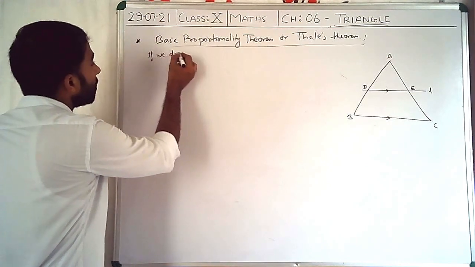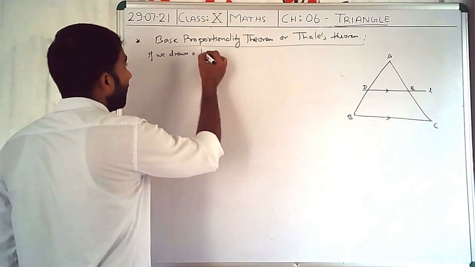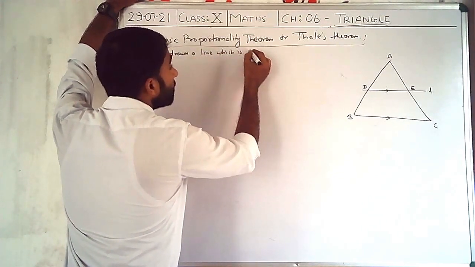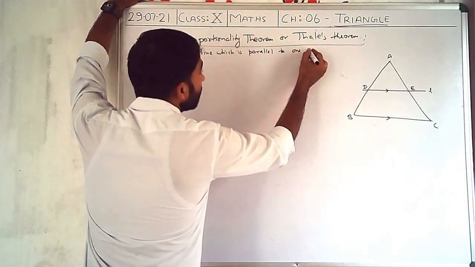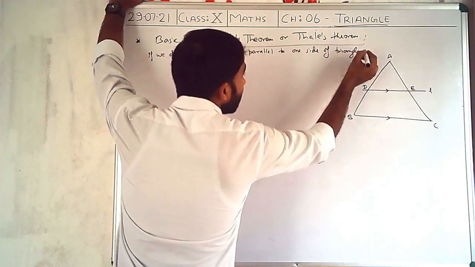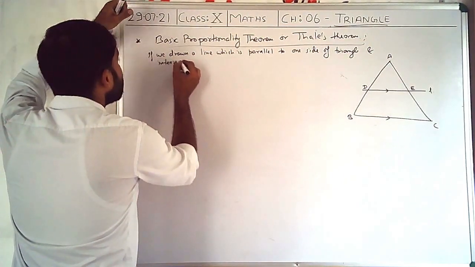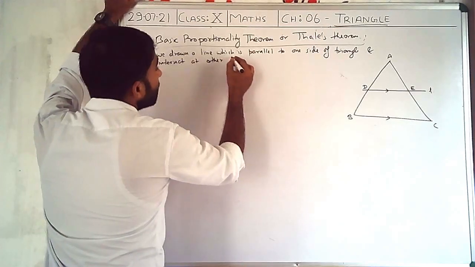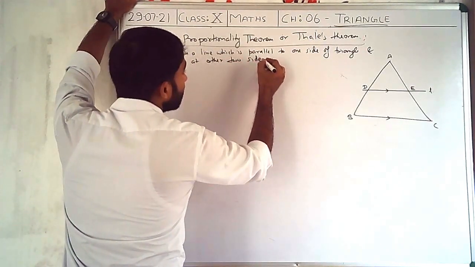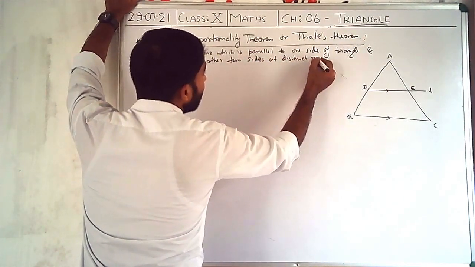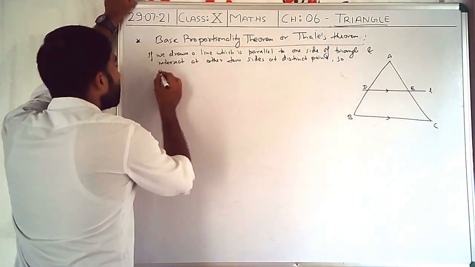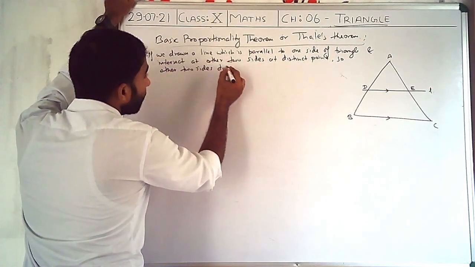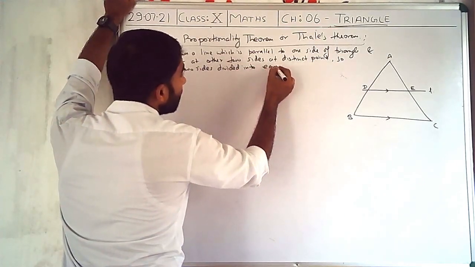If we draw a line which is parallel to one side of a triangle and intersects the other two sides at distinct points, then the other two sides are divided in equal proportion.